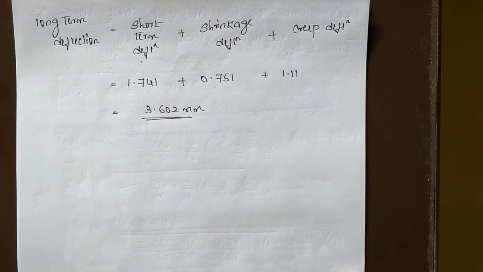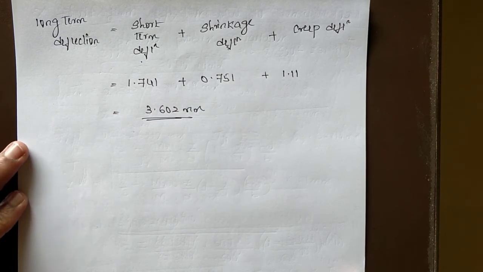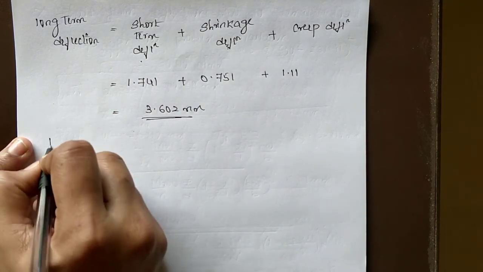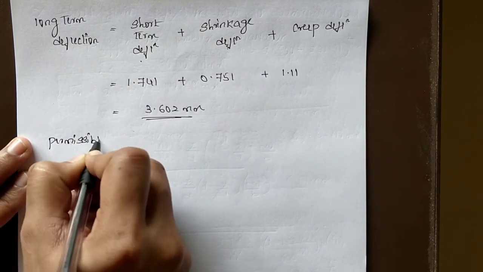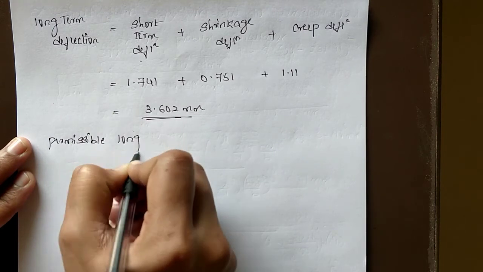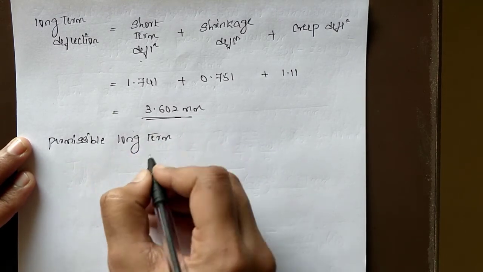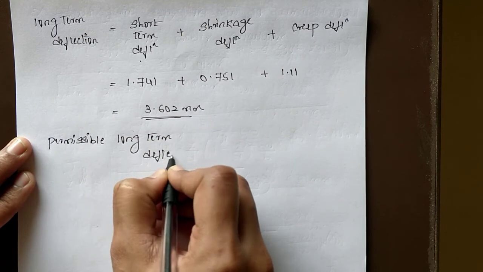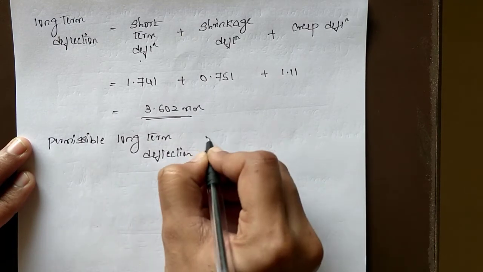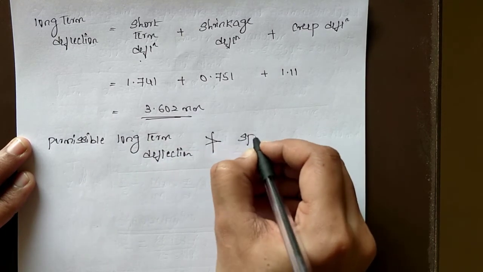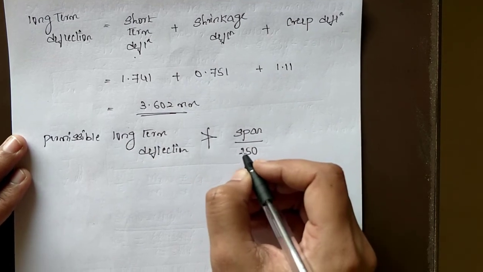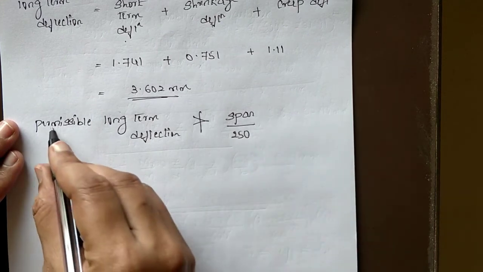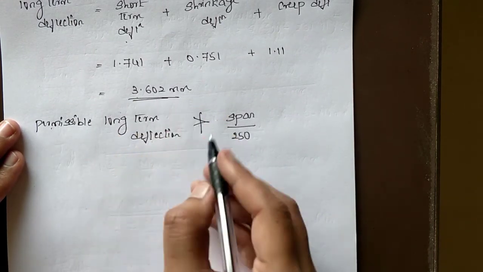What you calculated, the short term as well as the long term deflection, you need to apply the check as per the codal provision. Permissible long term deflection should not be greater than span divided by 250.